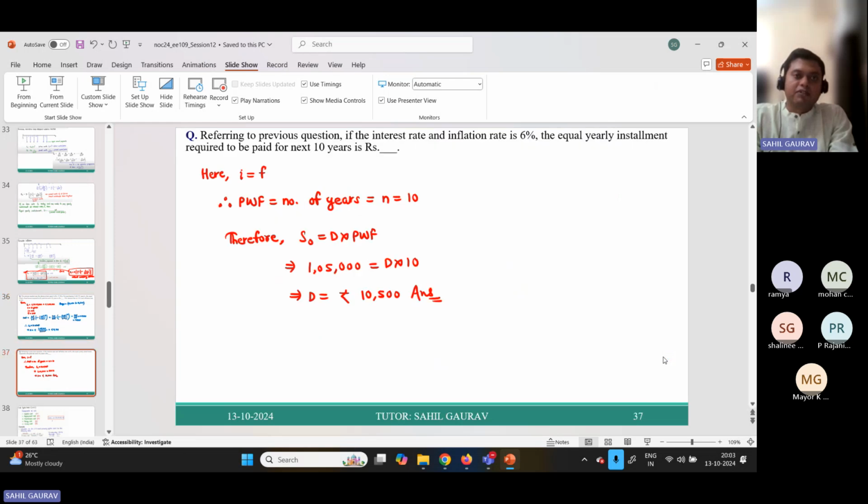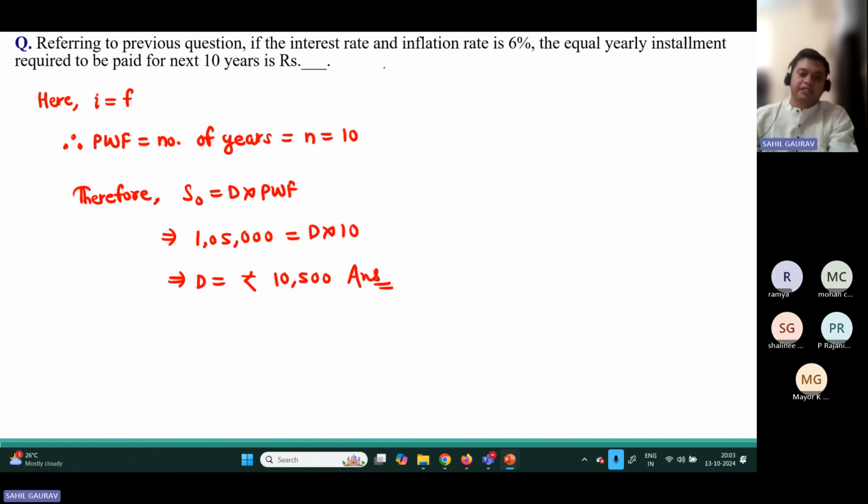So in the next problem, if the interest rate and inflation rate are same, that is 6%, the equal yearly installment required to be paid for next 10 years will be. So here in this problem, interest rate and inflation rate are same.